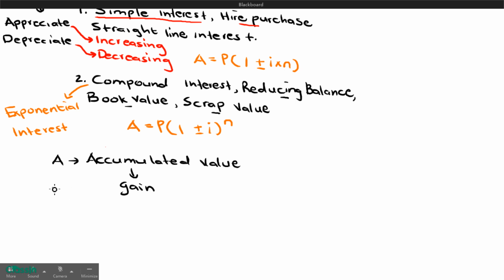Then P is our principal amount, or simply the present amount that you have.